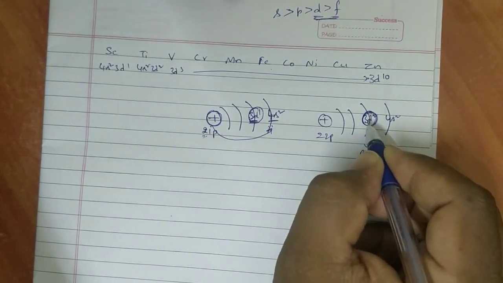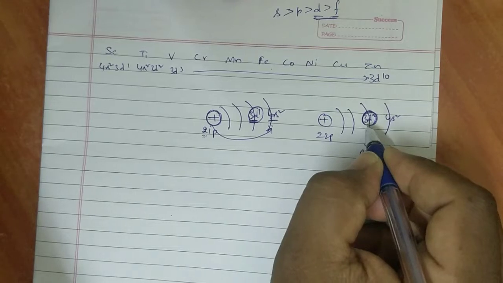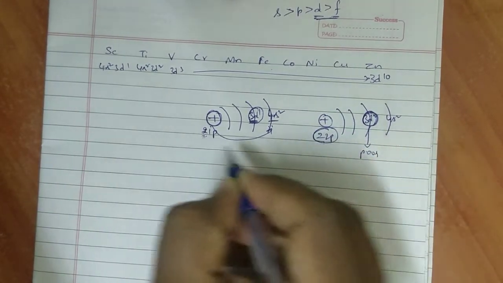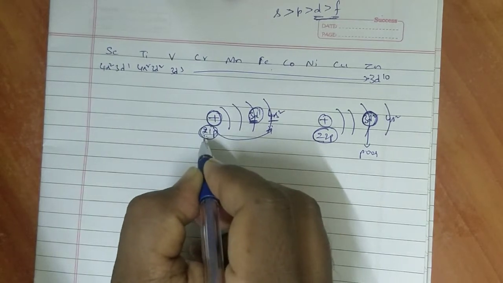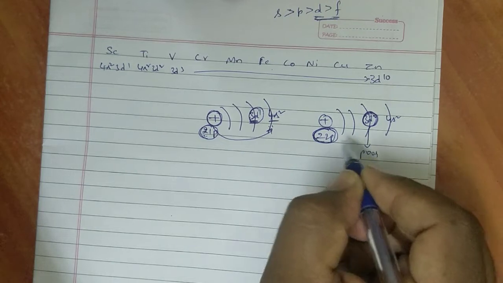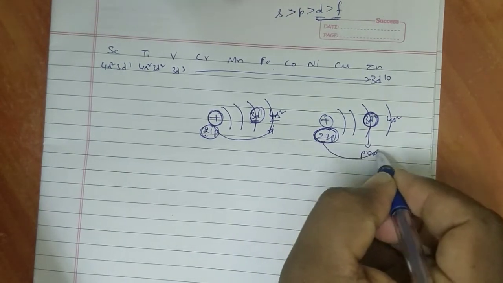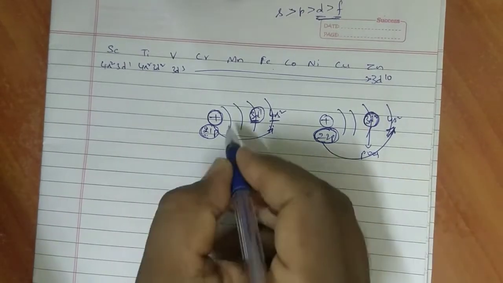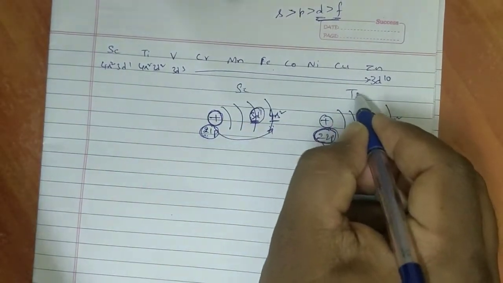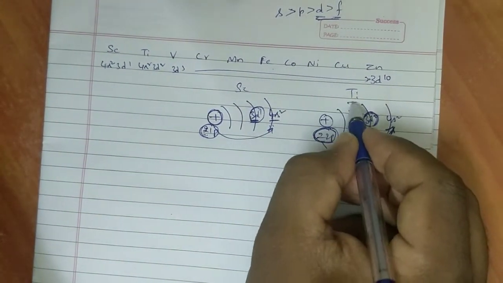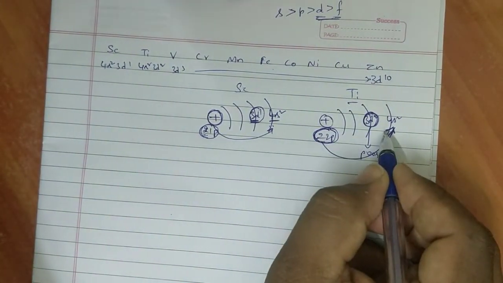But here the nucleus has 22 protons, there the nucleus has 21 protons. Nuclear charge is increased, with poor shielding effect. Because of this, these 22 protons will hold the 4s electrons very strongly when compared to scandium. This is scandium, this is titanium. When compared to scandium, the titanium nucleus will hold the 4s electrons strongly.